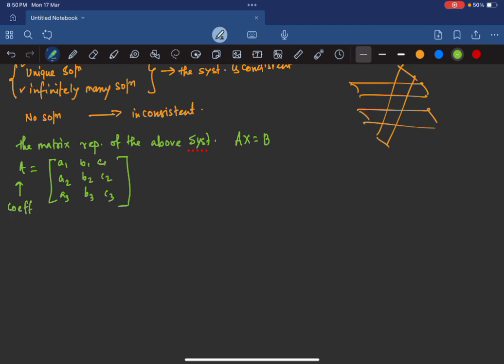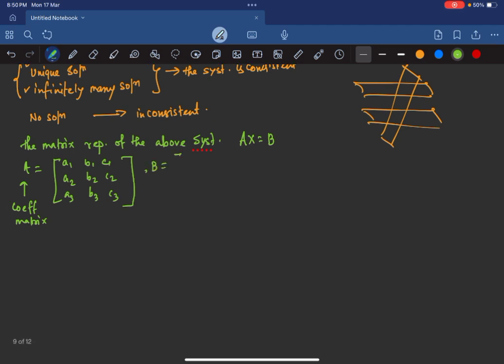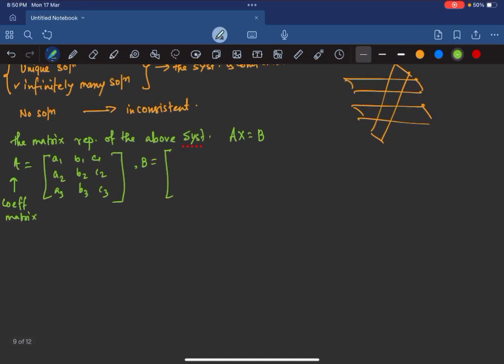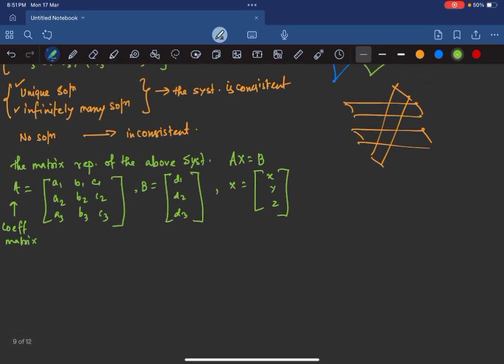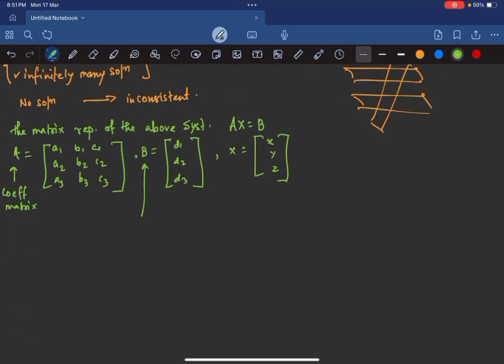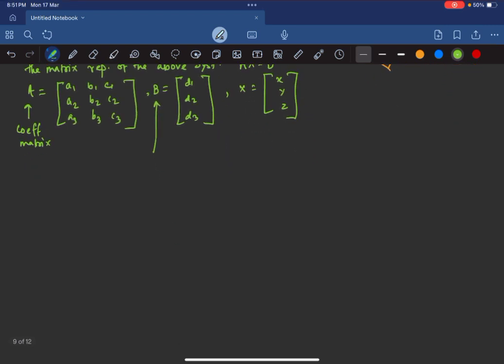This is also called the coefficient matrix. You are just taking the coefficients and forming a matrix representation. And B is d1 d2 d3, and this x is x, y and z.